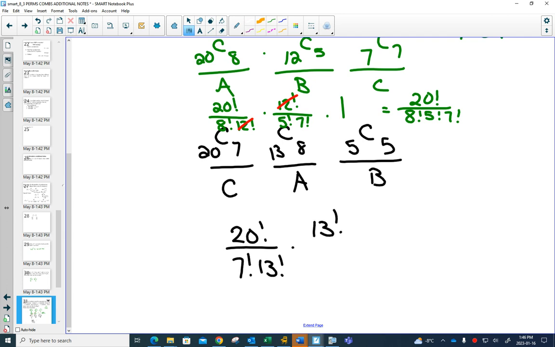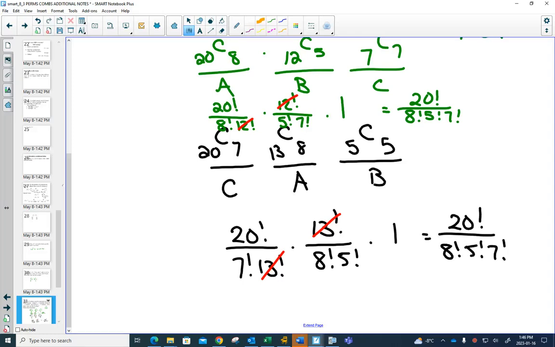Then I would have 13 factorial over 8 factorial, 5 factorial, and then this would be 1. And this time the 13 factorials would cancel out, and we would get exactly the same thing, and the order that I write those numbers on the bottom doesn't matter. So interesting that it doesn't matter if you chose group A first, group B first, or group C first.